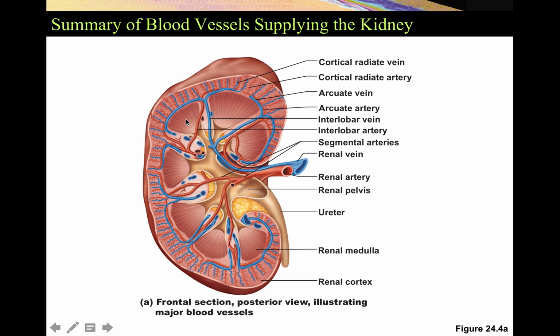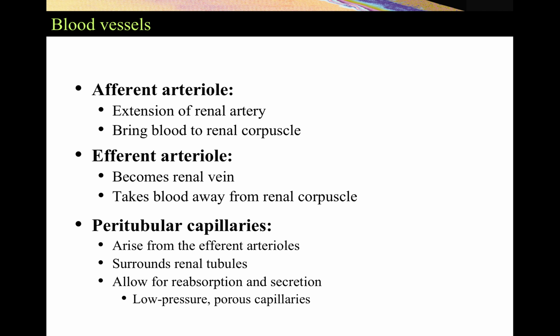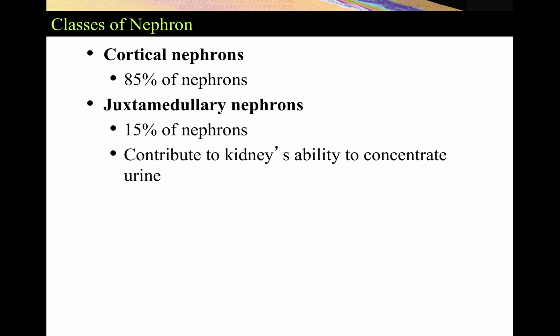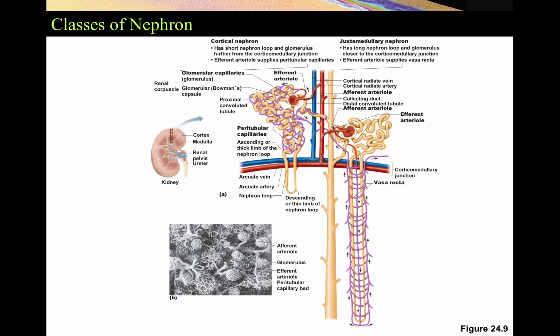So continuing with that concept, what happens to the nephrons is that now that you have the efferent arteriole coming out, you have to have the ability to pick up things from the renal tubules. Basically, when you filter something, you also want to be able to pick things from the filter and return them back to the blood.